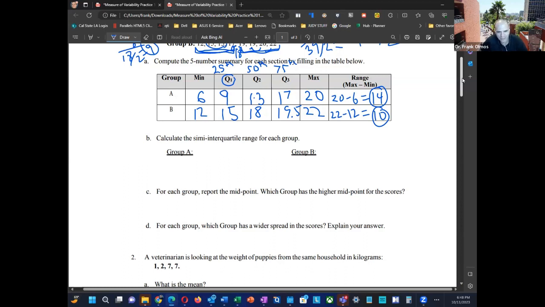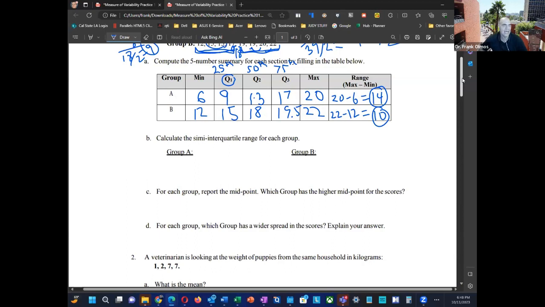I know it was already covered in the video, but the purpose of having the interquartile range is to have a measurement of the spread of numbers that is not too much affected or sensitive to the skewness of the values. So when you have skewed distributions, interquartile range is the way to go.